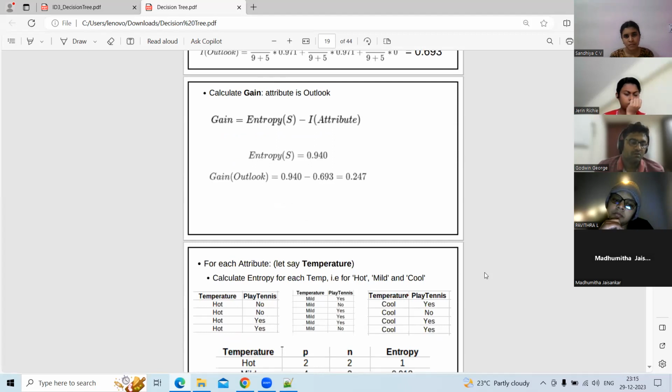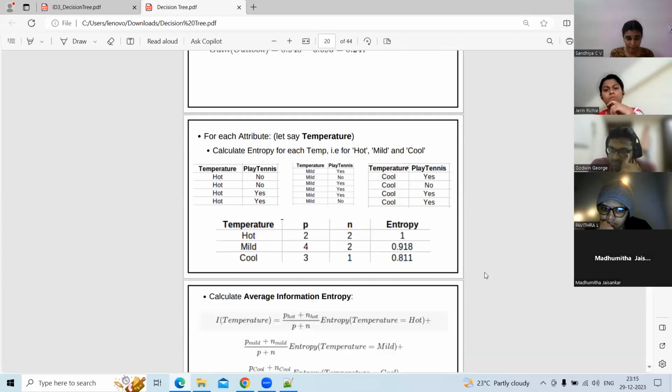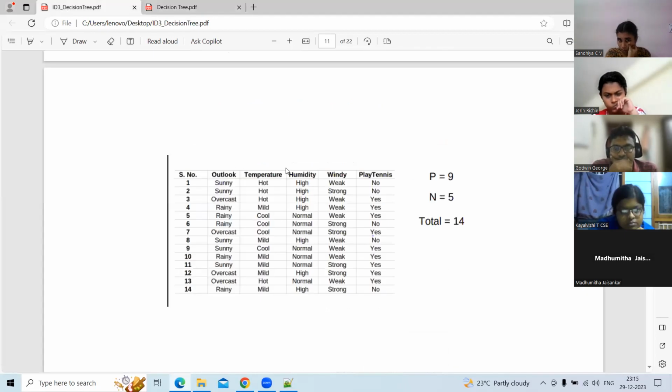Similarly, we will calculate entropy for the other attributes which we have. Now, this is temperature. Let me show you. So now we are considering this feature, temperature. Temperature again has how many values? Hot, mild, cool.